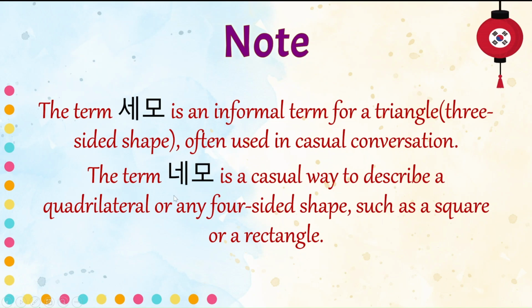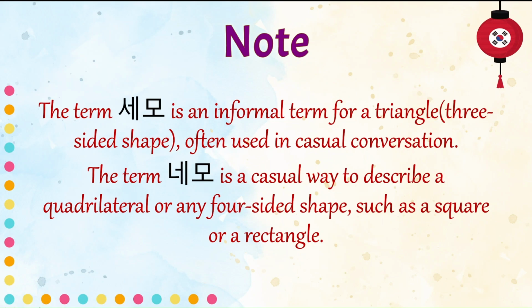Another very important thing is that the term nemo is used in a very casual way to describe a quadrilateral or any four-sided shape such as a square or a rectangle. Here, ne is four in Korean, and mo comes from moyang. So a shape with four sides or four corners is nemo. Okay, both of these terms are used in an informal way.